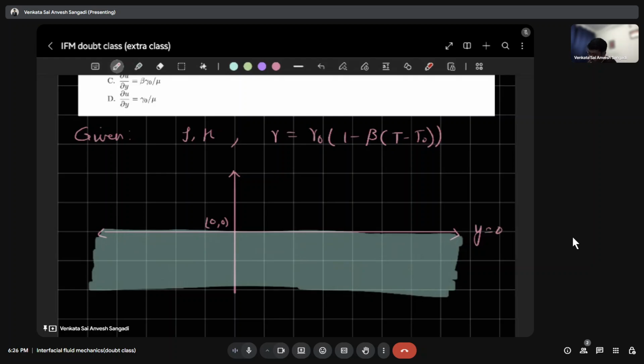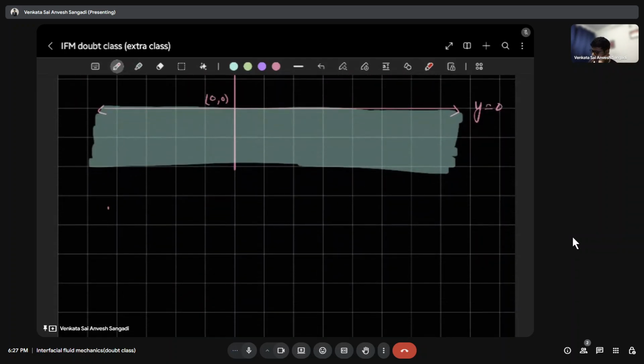So at y equal to 0, the gas is passive here. T of x is linear.